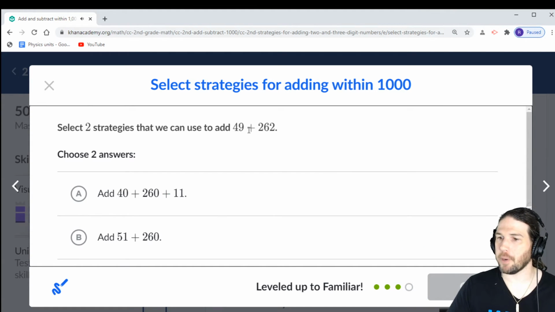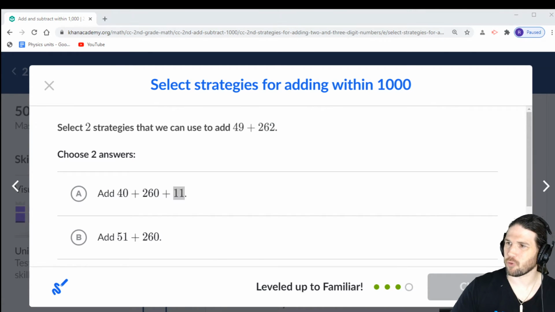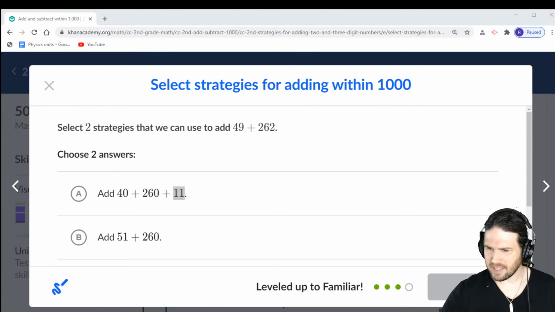Okay, we have 49 plus 262. Well, we could do 40, that's this 40, plus 260, that's this 260, plus 11. Well, hold on. This is right, but where did this 11 come from?